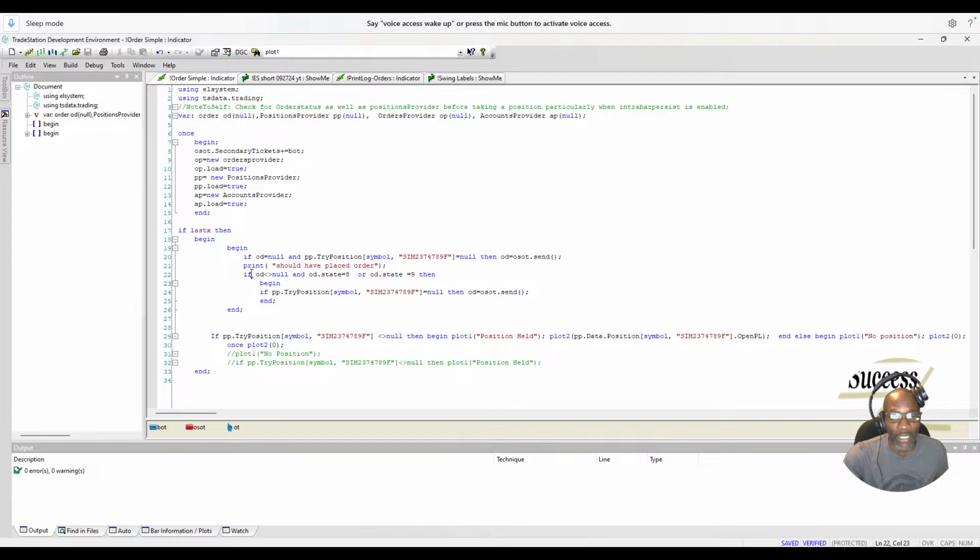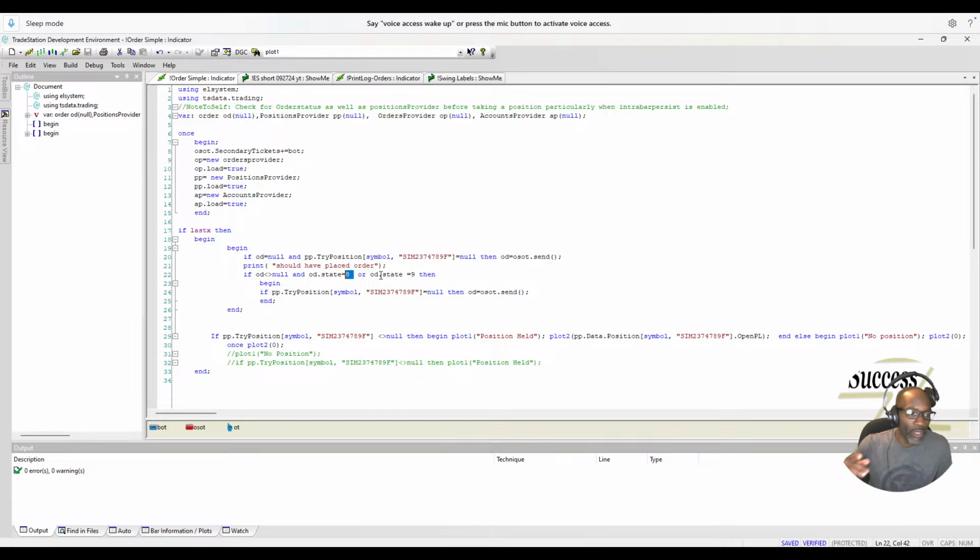And then next, if you have sent orders, if you do have an order object already created, because you've sent that first order, now your order object has been created, then you just need to make sure that the order object that's created has a state of 8 or 9. One of them is canceled and one of them is filled, right?